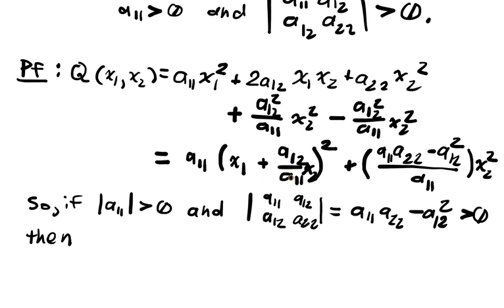This is a square, so it's always positive unless it vanishes completely. If it does vanish completely, then x1 has to be 0 and x2 would have to be 0. This guy is always positive, and this guy is always positive. So this will only be 0 at 0, otherwise it's positive. Therefore, since these quantities are non-zero, and of course we can divide by them, we have that Q is positive definite.